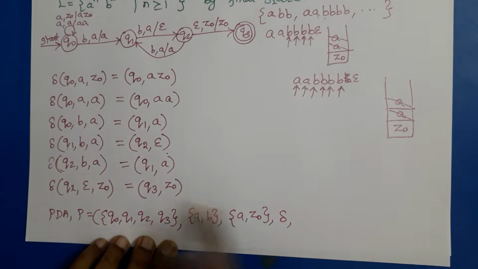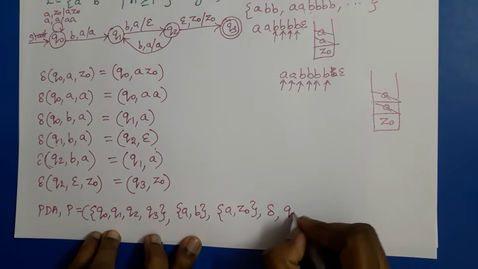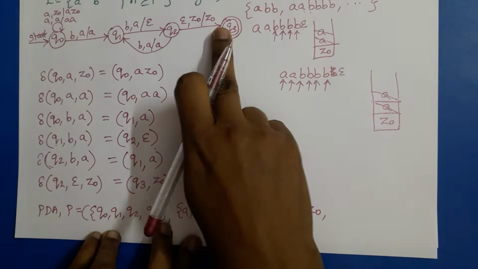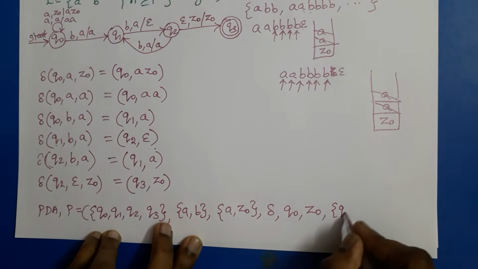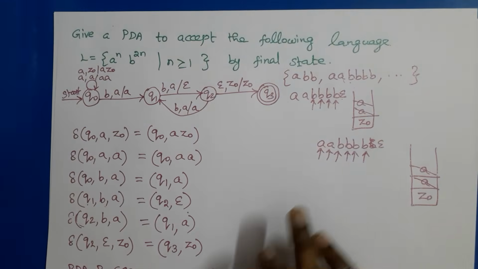The transition function delta, which we have written as a list as well as a diagram. Then the start state Q0, the starting stack symbol Z0, and the final state Q3. So this is the PDA for a to the power n, b to the power 2n. Thank you.